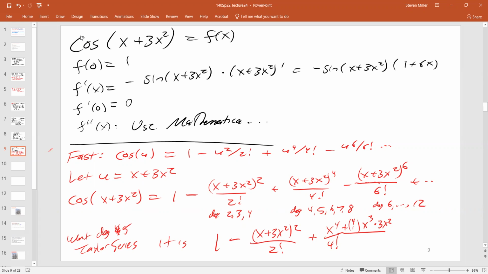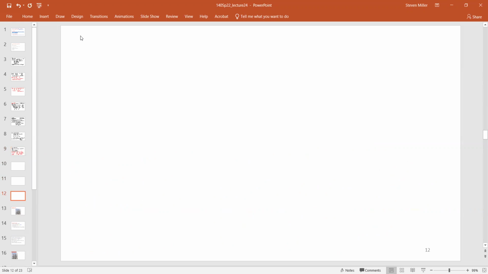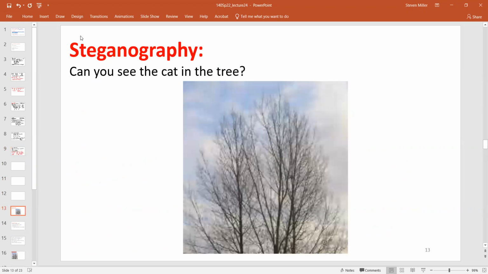I want to make sure we do at least one application of this stuff. Steganography is the art of hiding data in an image, for instance. I'm giving some of this away. I'm assuming everybody can recognize that there is a tree in this image.